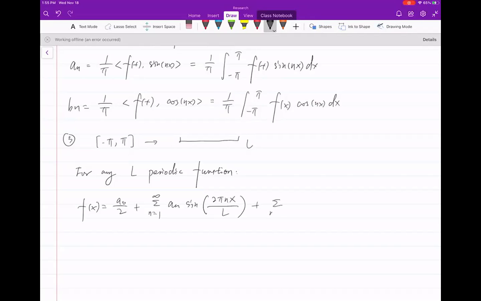b_n cosine. Before you had nx, that works for 2 pi.